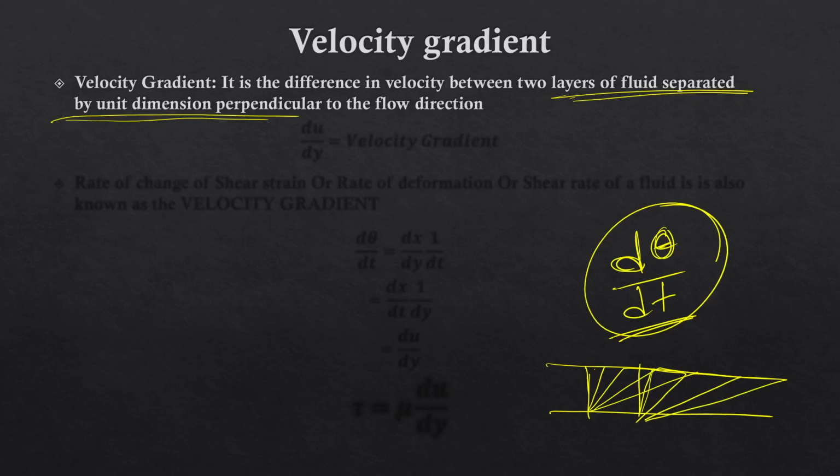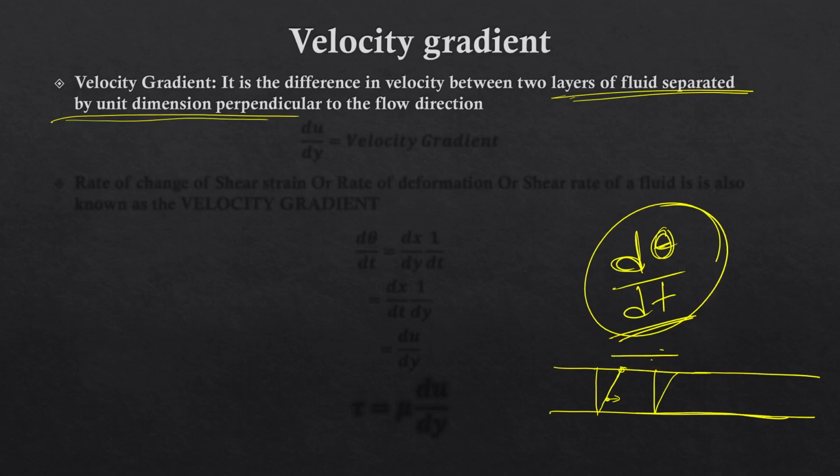Now when it is happening, we can understand that different layers of the fluid are moving at different velocities, because if this was the original element, when it is taking this shape after a certain time, that means this particle is moving at a slower velocity than this particle.